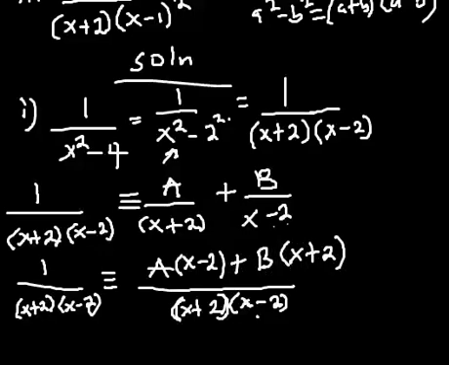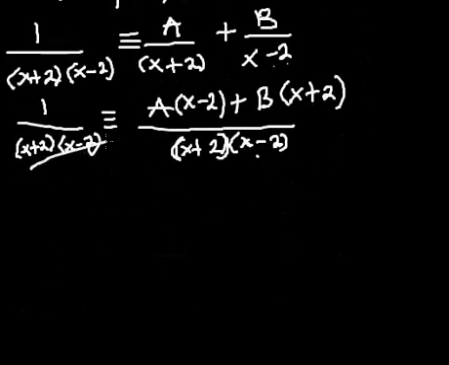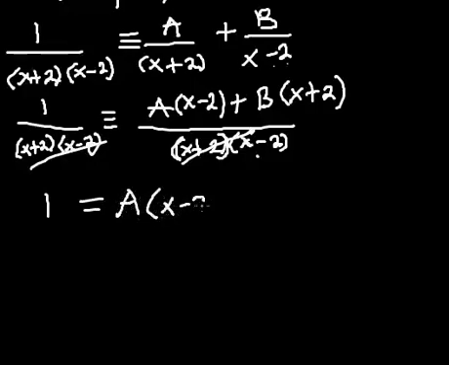With what we have, you know how the denominator will always cancel out. So now I have 1 is equal to A into x minus 2 plus B into x plus 2.